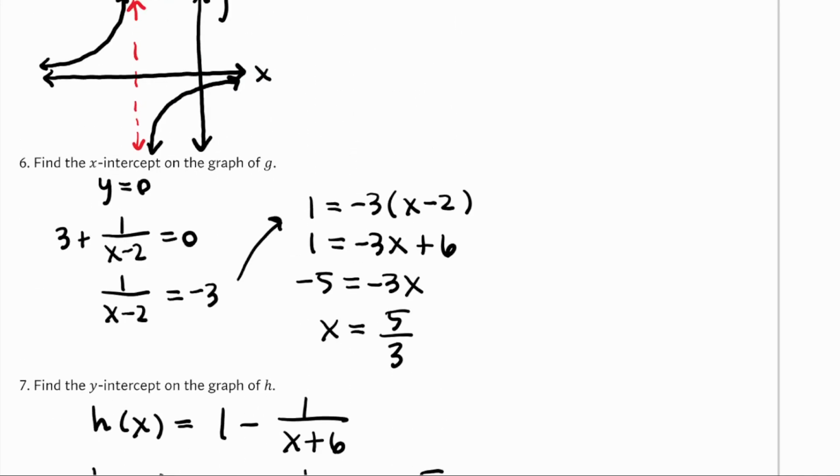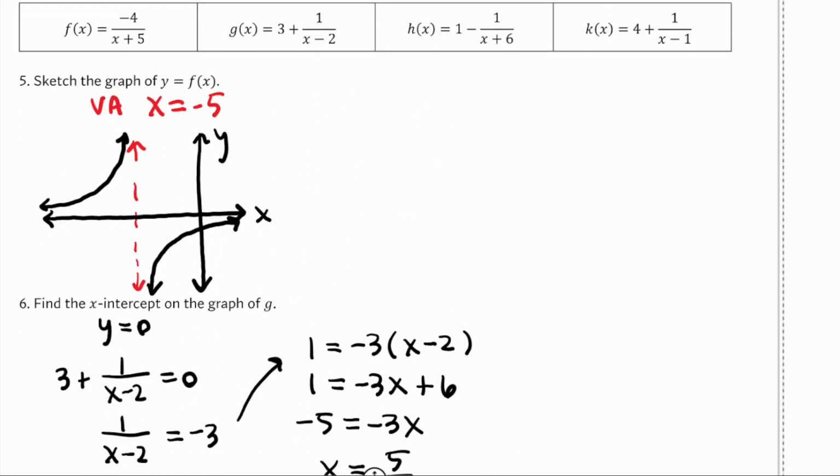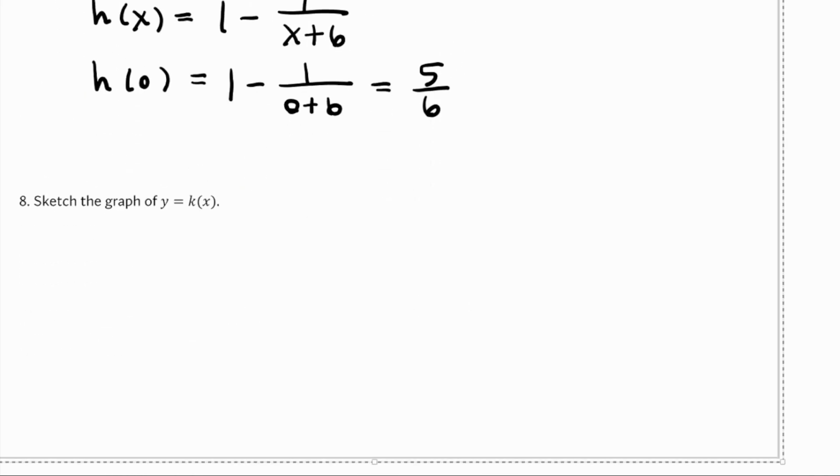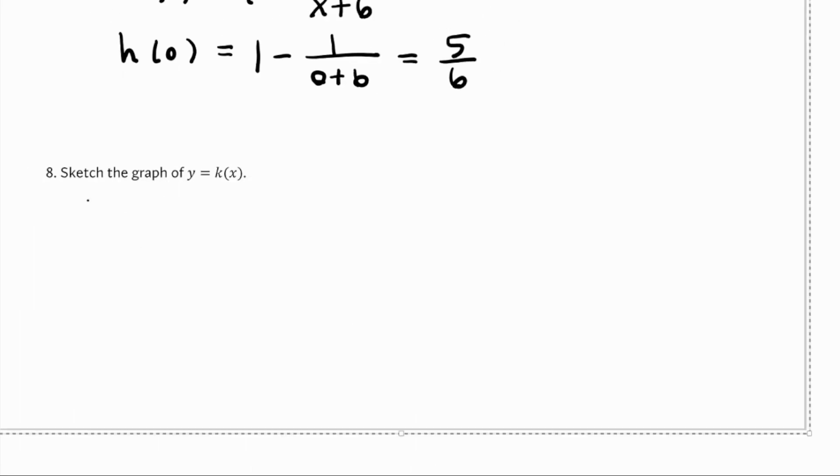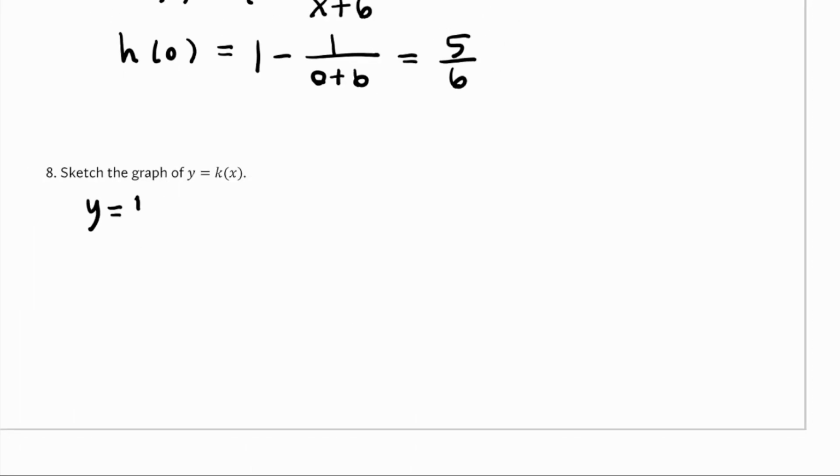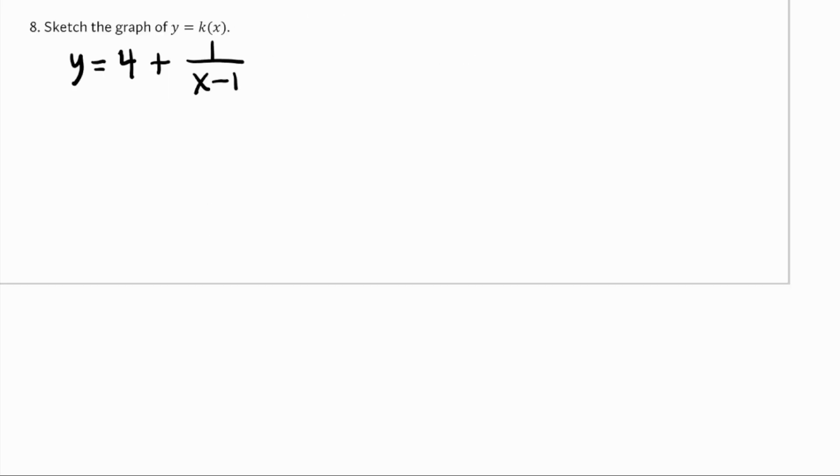Then sketching the graph of y equals k of x, so that's going to be 4 plus 1 over x minus 1. So this thing's going to have a vertical asymptote at x equals 1, because x equals 1 would cause division by 0. A horizontal asymptote y equals 4. So I'm going to sketch those in.